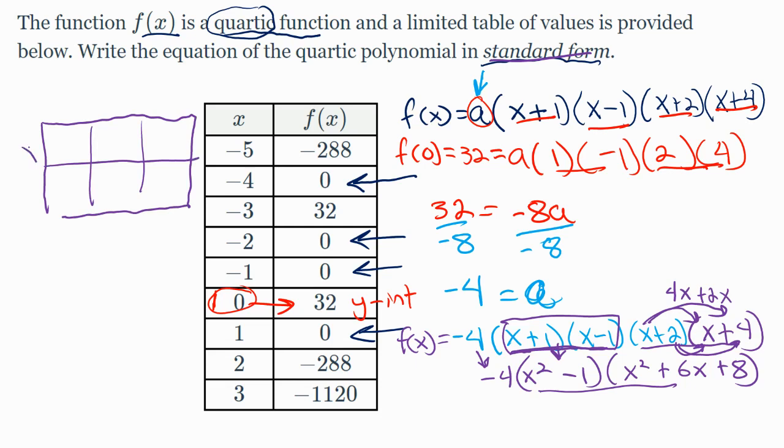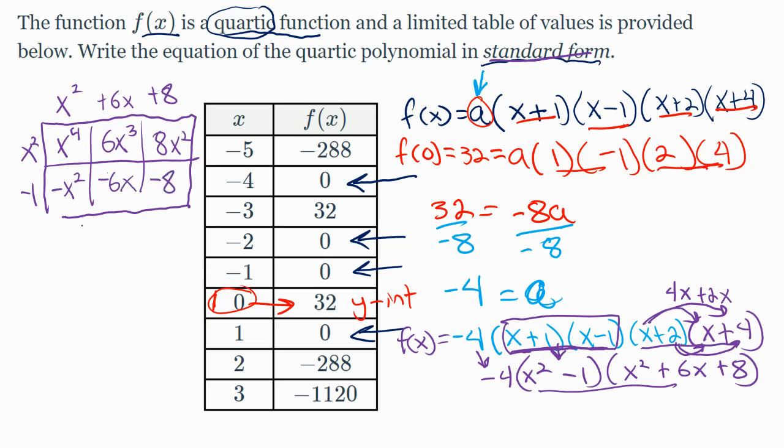So I've got x squared minus 1, and I've got x squared plus 6x plus 8. So multiplying those two are going to make an x to the 4th. And then I have a 6x to the 3rd plus 8x squared. And then down here is going to be negative x squared minus 6x, and then minus 8.